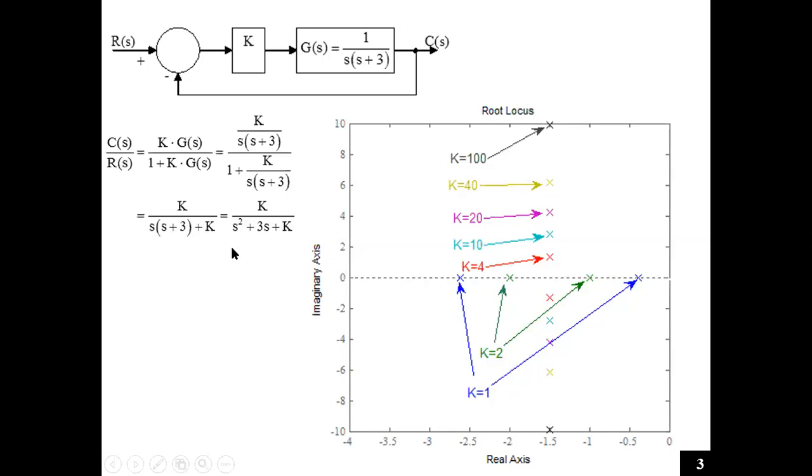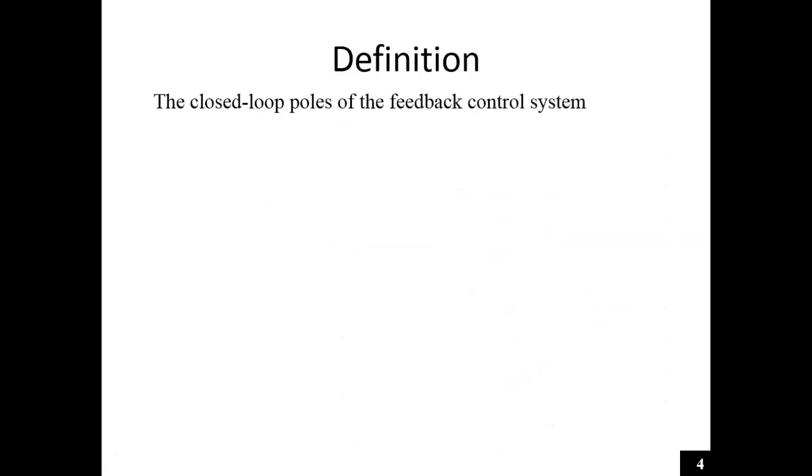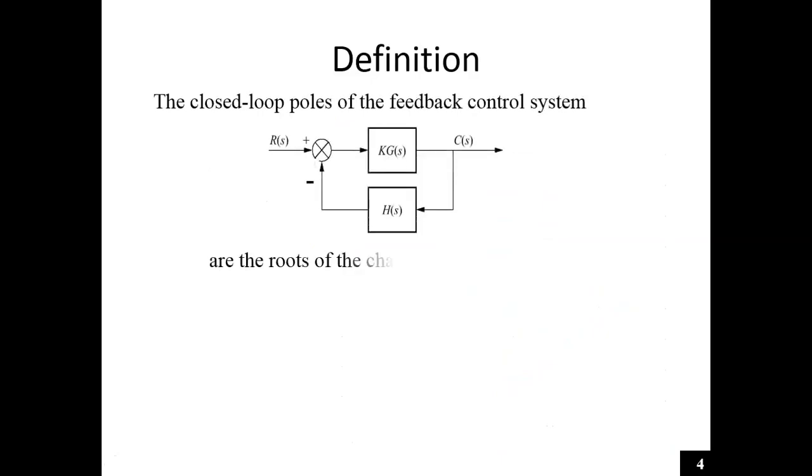So we will use the root locus technique to find out how the poles vary with the system gain. The closed loop poles of the feedback control system are the roots of the characteristic equation. This is the characteristic equation. The roots of this equation are the closed loop poles.